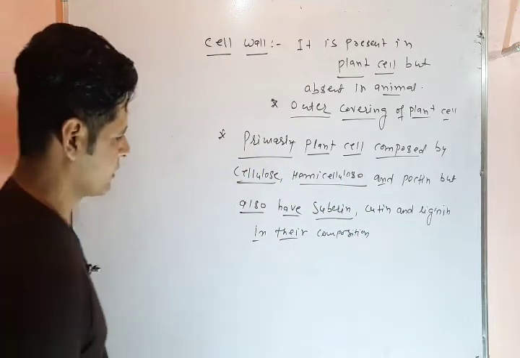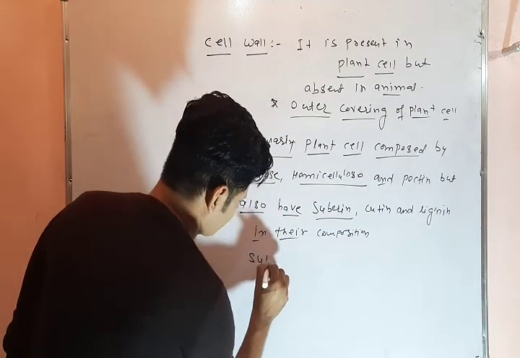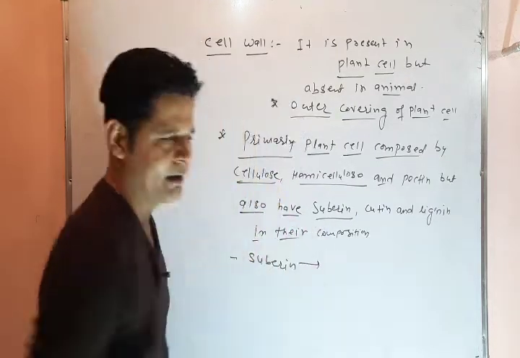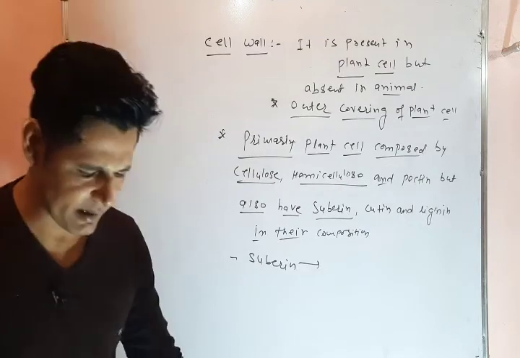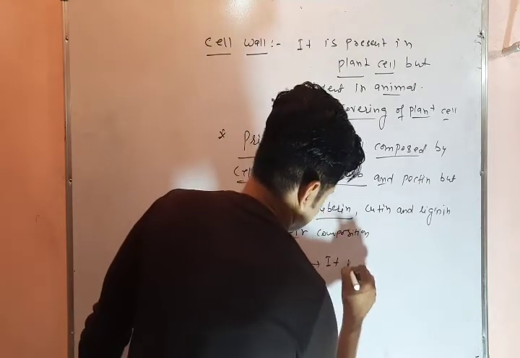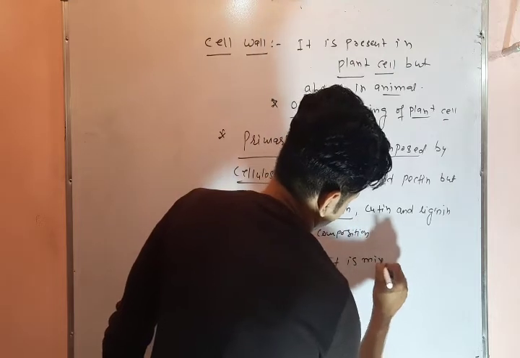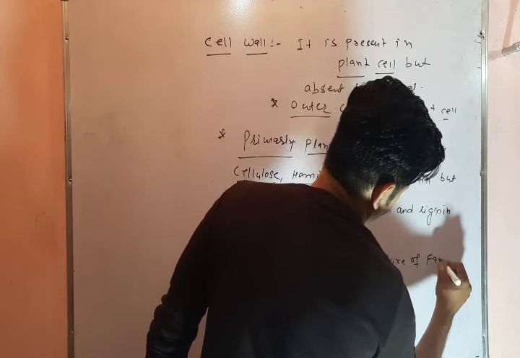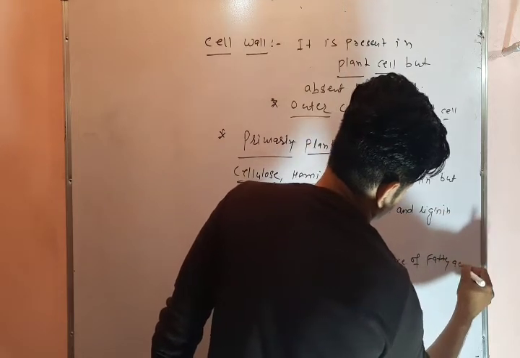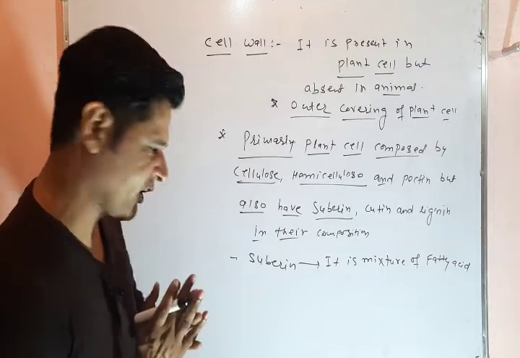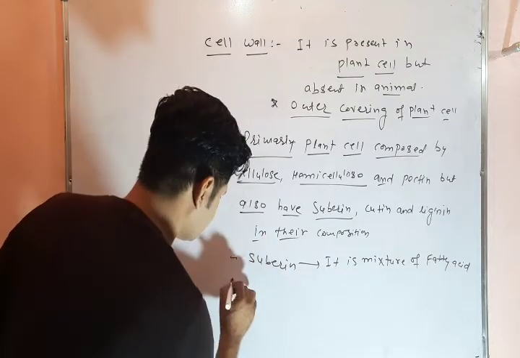Okay, you got it. What is suberin? Suberin is a fatty substance. It is a mixture of fatty acids. And what is cutin?